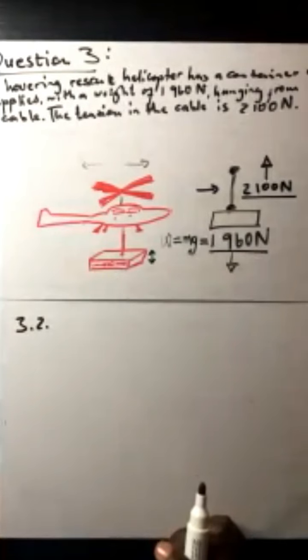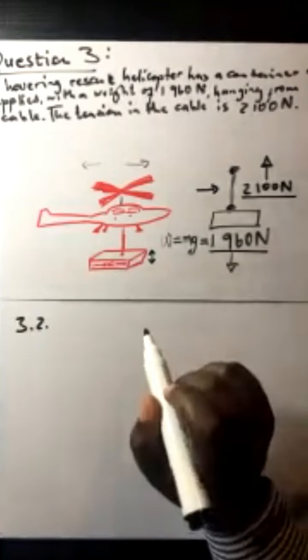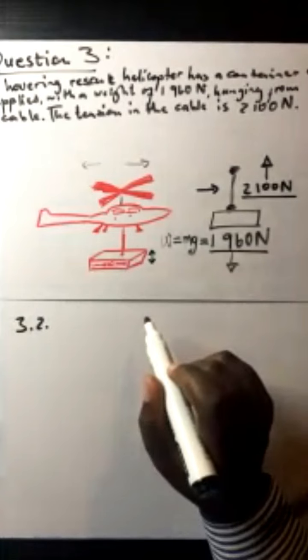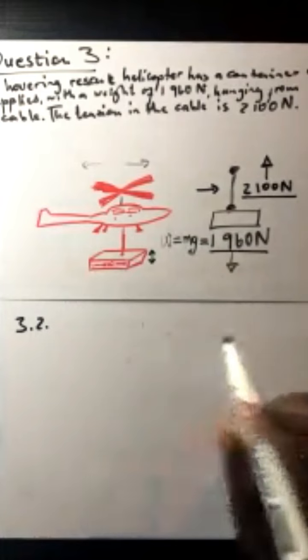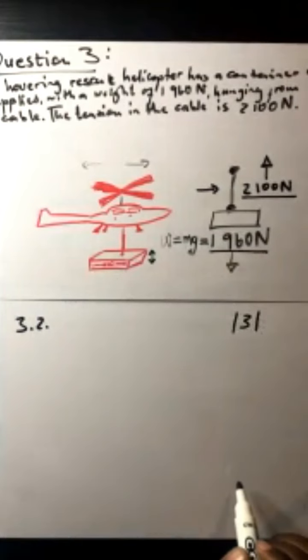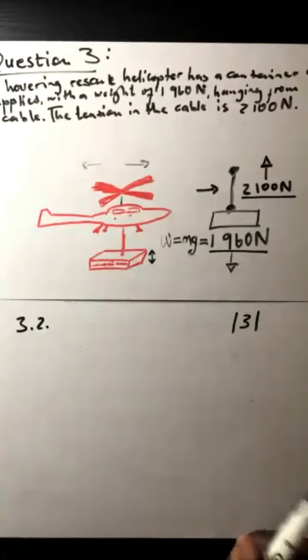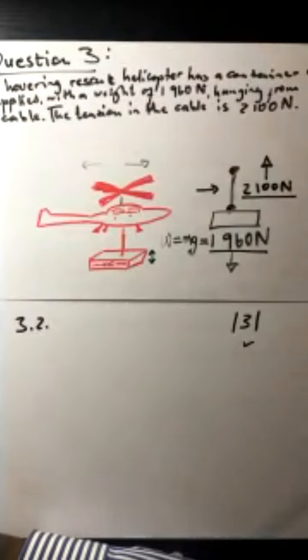So now let's have a look at the second question. They say draw a labeled force diagram of all the forces acting on the container. Obviously, guys, if you are given this type of question where they want you to draw a labeled force diagram, and this question is allocated 3 marks, I know very well that normally to represent one force you are given just 1 mark.